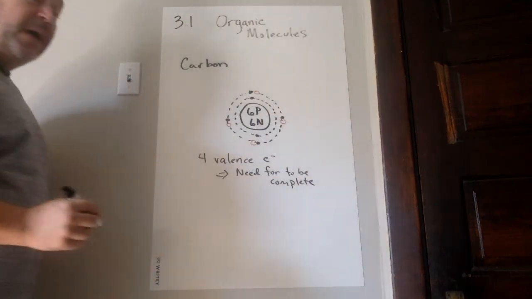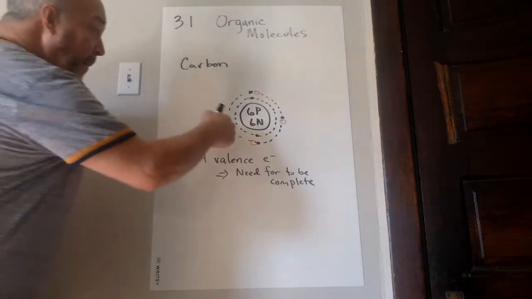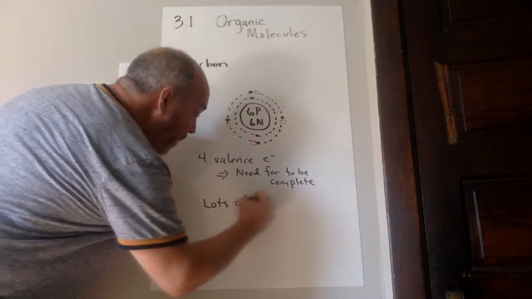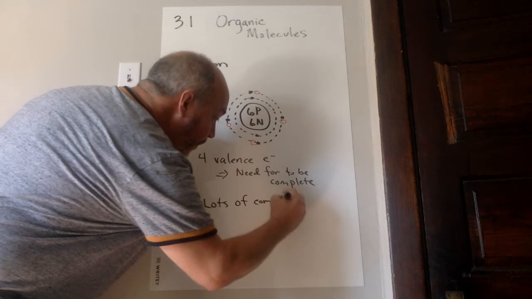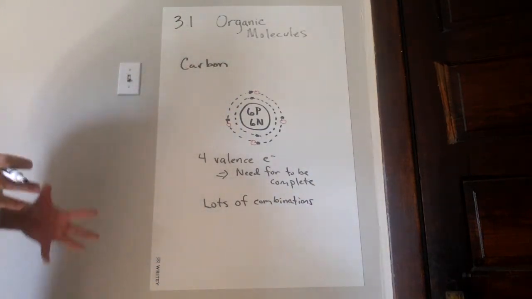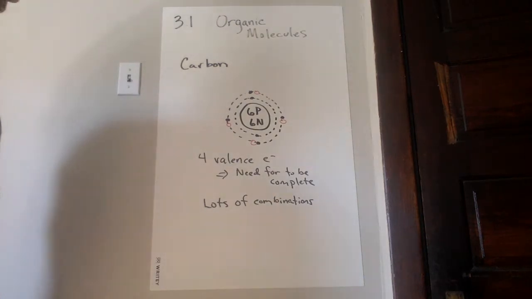And we think this is why carbon is the base of it. Because it's looking for so many possibilities, this gives us lots of combinations. Remember, oxygen's only looking for 2, so you can't make as many different combinations with that.